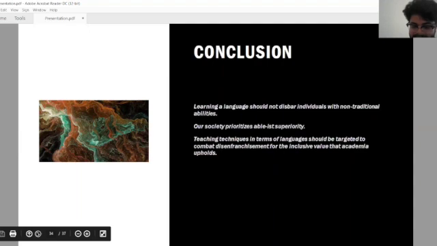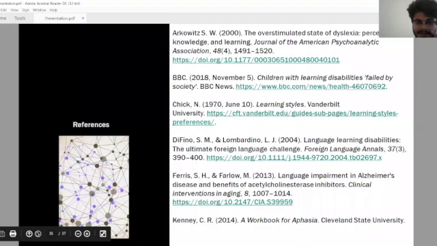And it is a known fact that our society does promote ableist superiority, but to eradicate the practice of subhumanization, teaching techniques in terms of languages should be targeted to combat disenfranchisement for the inclusive value that academia upholds. And these are my references.